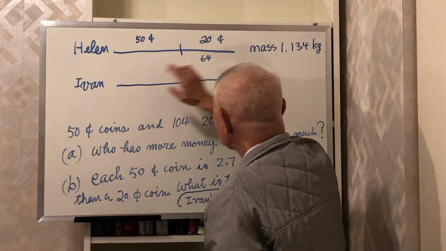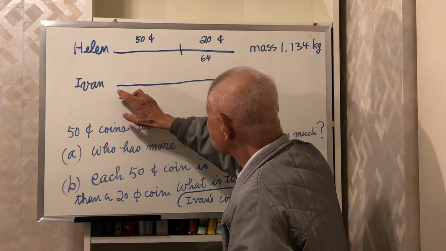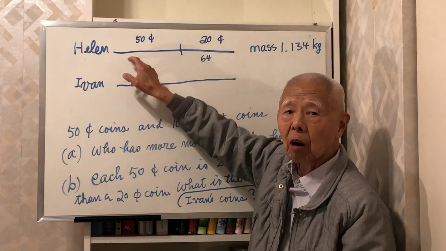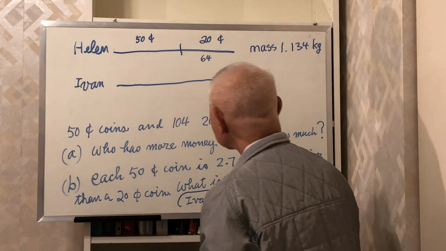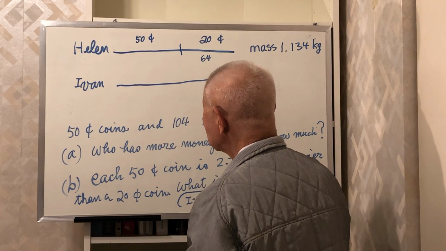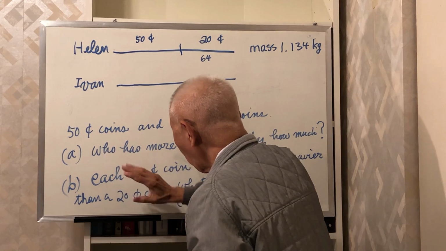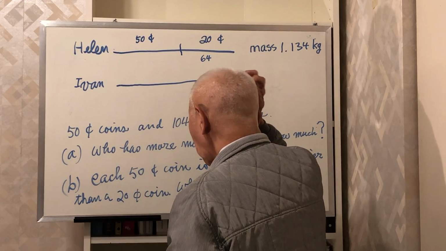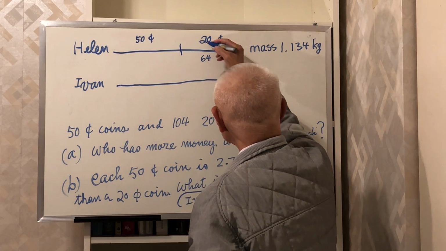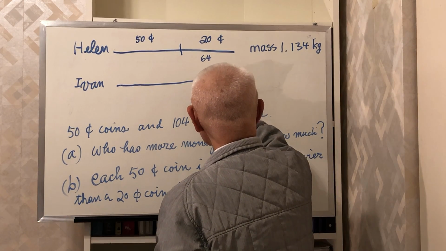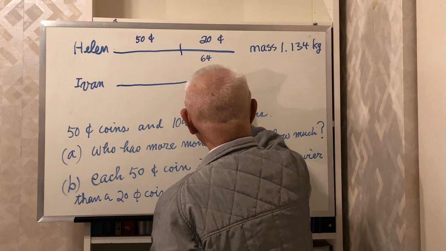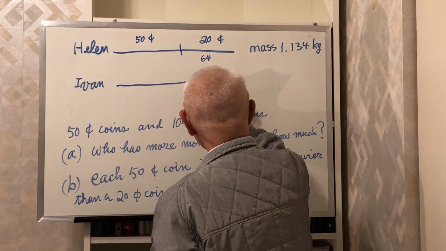Then this number is the same as this number. They have the same number of coins. But the 20-cent coin, Ivan has more. Ivan has 104 20-cent coins. So this is 20-cent coin, but he has 104.